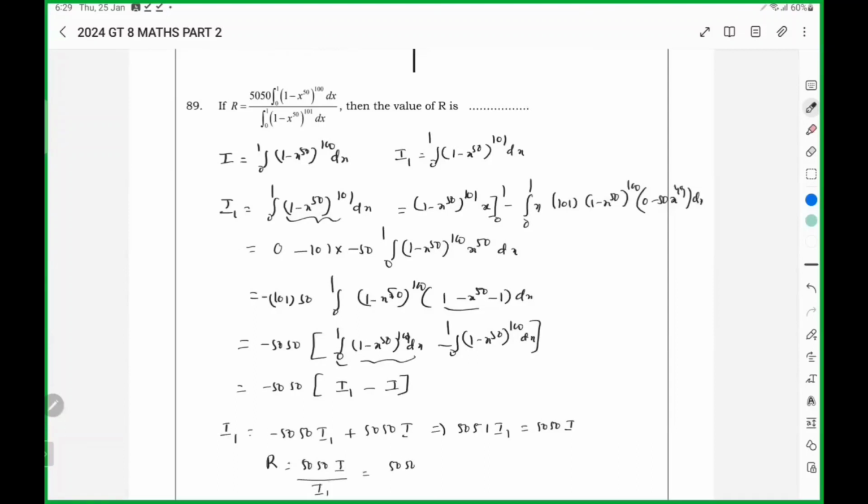So 5050 I by I1. I1 is 5050 into 5051. Answer is this.